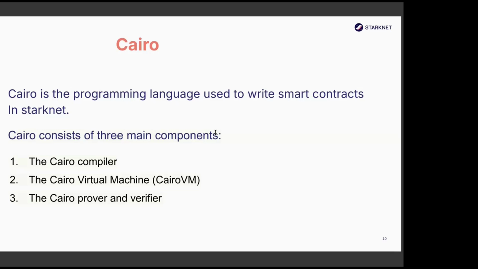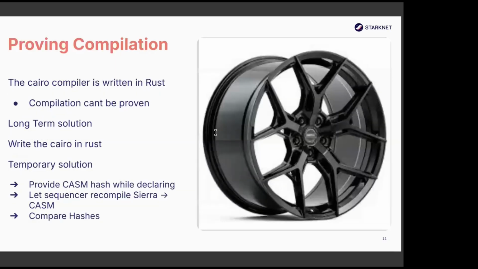Because the Cairo compiler is not actually written in the Cairo programming language itself, Cairo has its own virtual machine. So there is a Cairo virtual machine, which I'll talk about in more detail in the next slide. And then there is a Cairo prover and verifier.